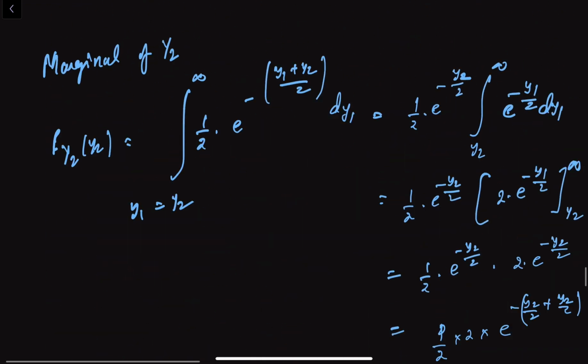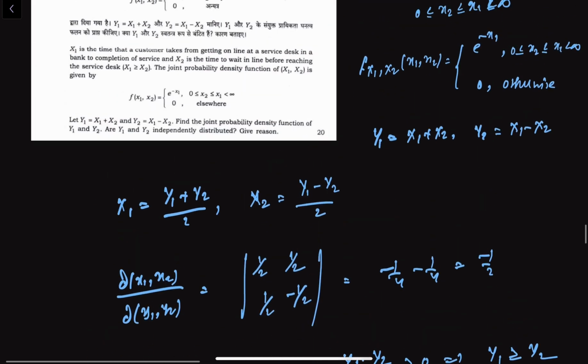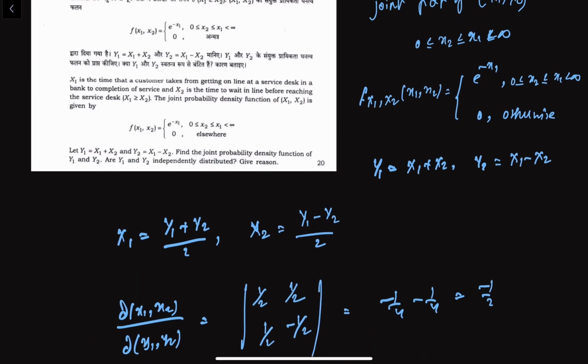So we can clearly say y1 and y2 are not independent, and the first reason is that the joint PDF is not the product of marginal PDFs, and secondly, we can also state that the supports are dependent. So y1 is greater than or equal to y2. So that's another reason for the dependence.